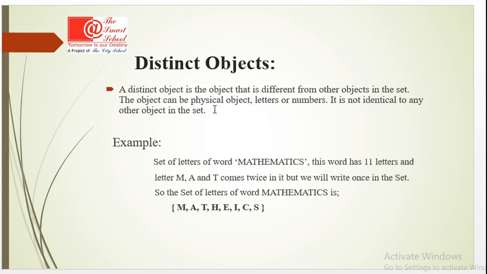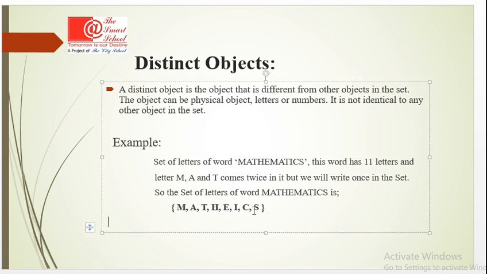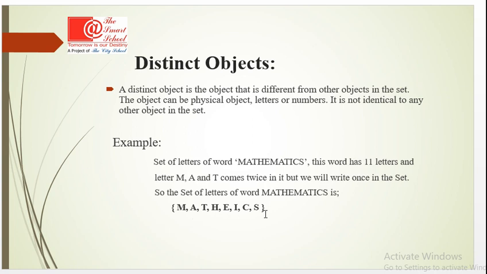I will explain this with the help of an example. Take the set of letters of the word mathematics. The letters are M, A, T, H, E, M, A, T, I, C, S. You have noticed that some letters are repeating in this spelling of mathematics, but we will write it as M, A, T, H, E, I, C, S. So there is nothing repeating in this set.